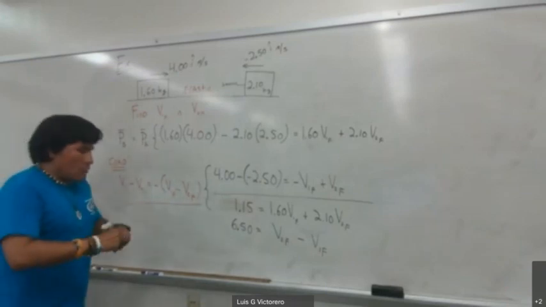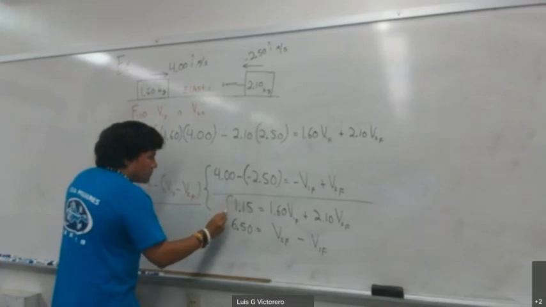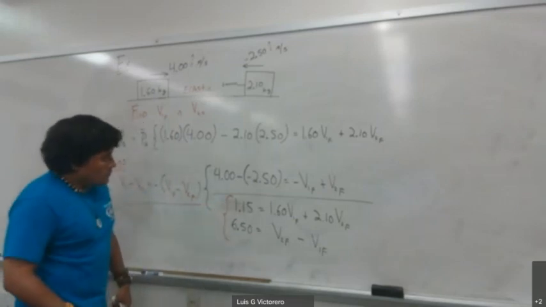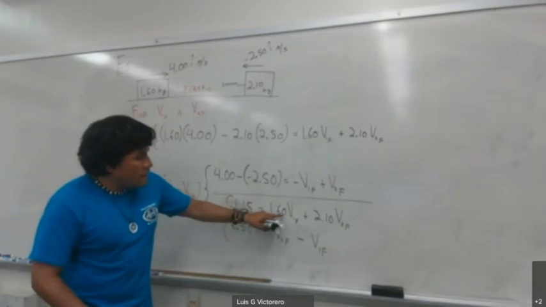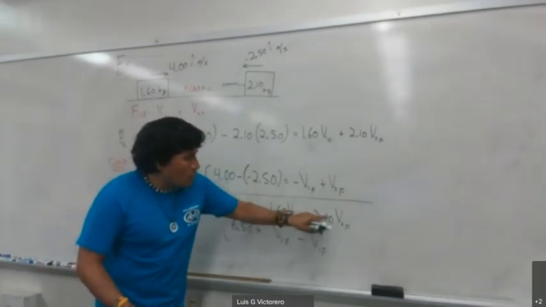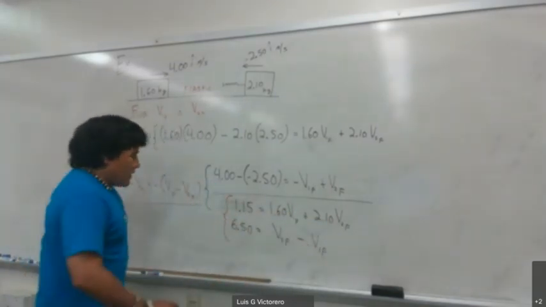So what can I do in these two equations? V1 final, 1.6, 2.1, positive V2 final. Hey, I have negative one.